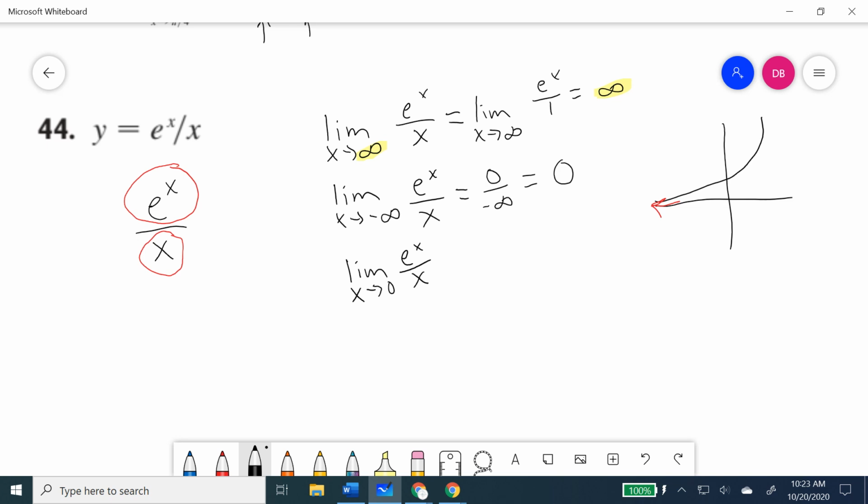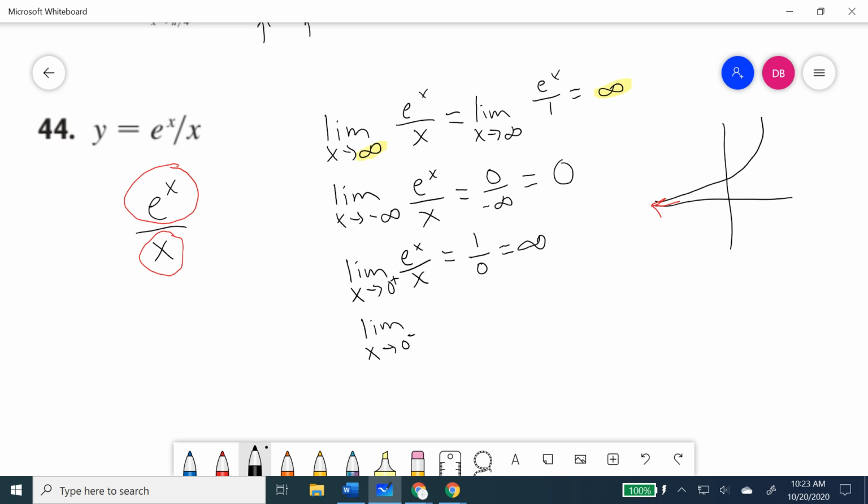Now I need to check out what's happening at 0. So first I think, okay, if I plug 0 in, what's my numerator? e to the 0 is 1, and I have 0 in the denominator. Do you see that that is saying, hey, infinity? But I will say this, if I'm coming in from the right side, then it's positive infinity.